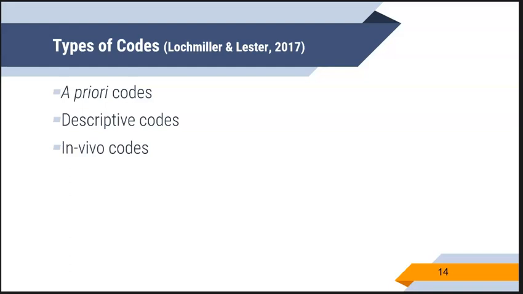Descriptive is essentially the inductive approach to coding, where you're reading all of the data and you're trying to come up with codes, that is, specific categories or themes from the data.